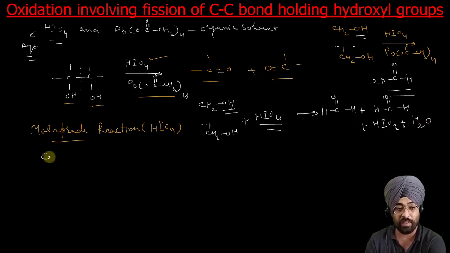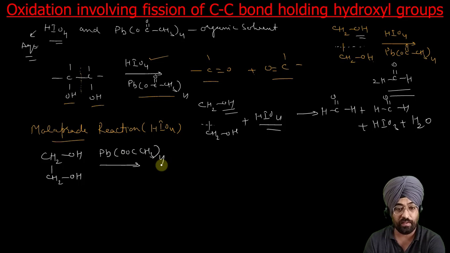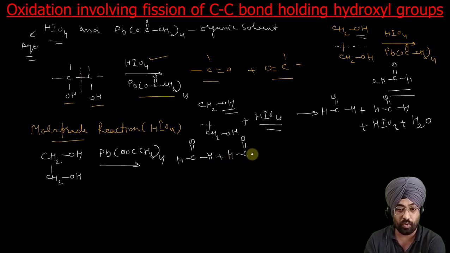If we react it with lead tetraacetate, Pb(OOCCH3)4, the product is again the same, HCHO plus HCHO.